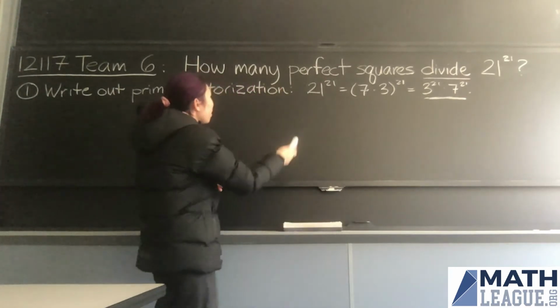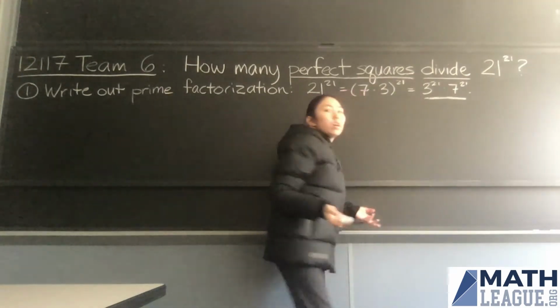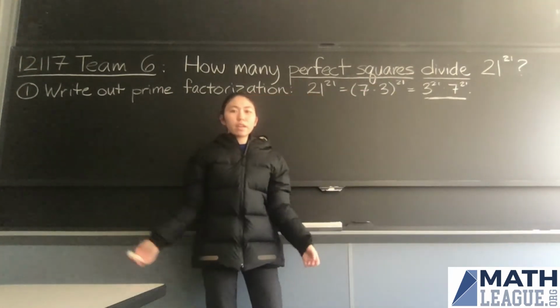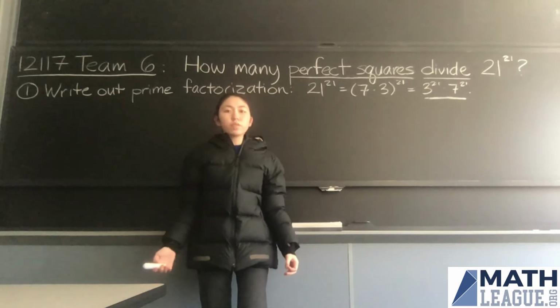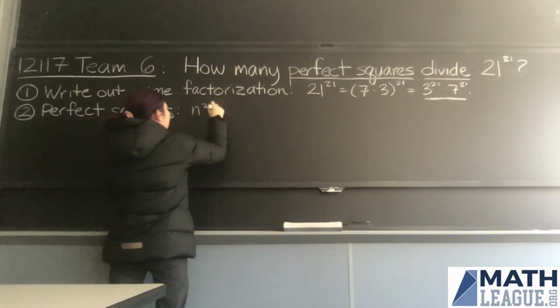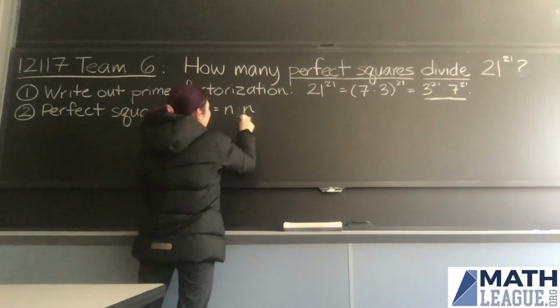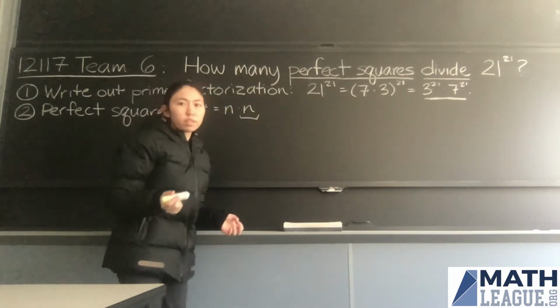So we are asked about perfect squares. So what is a perfect square in terms of its prime factorization? Any perfect square n squared is going to be equal to n times n, and n can have whatever prime factorization it wants.